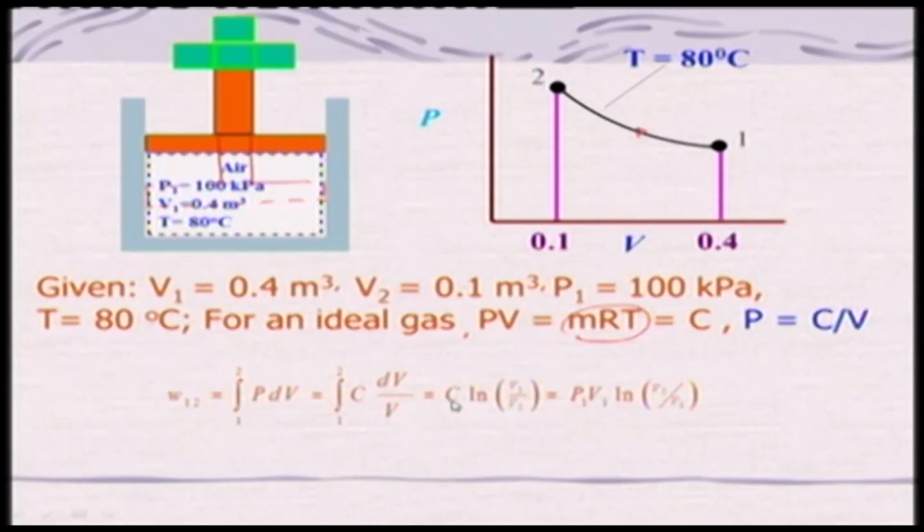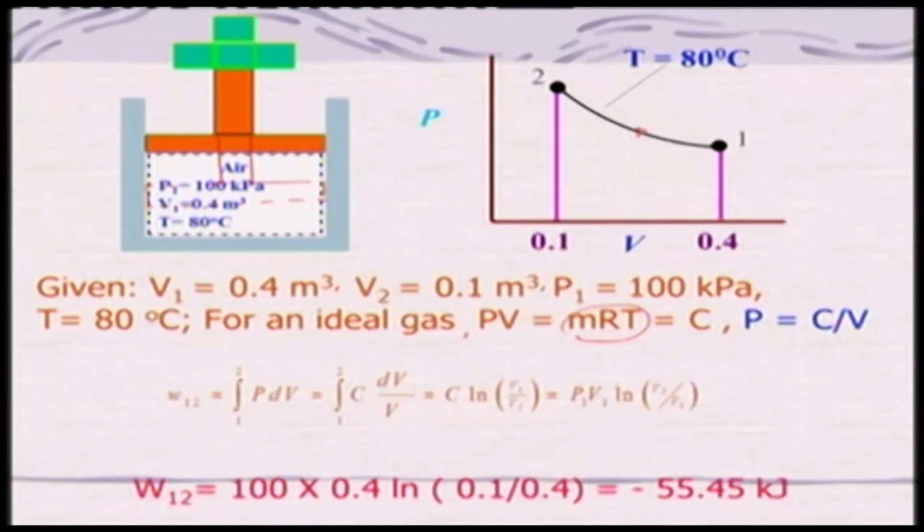We know that C is nothing but P1 V1, and you put in all the numbers, and you will get the work done equal to 55.45 kilojoule. Now this is coming with a negative sign. What is the meaning of that?